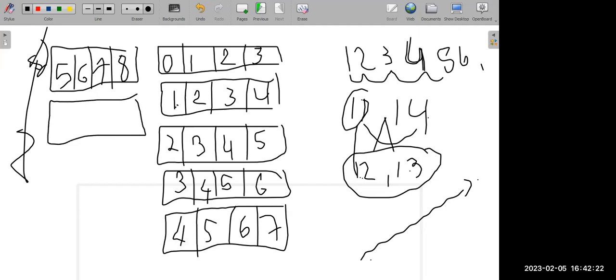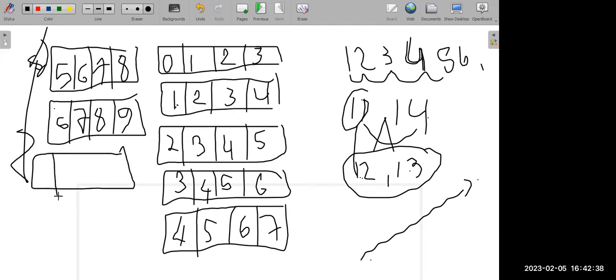The next one, 6, 7, 8, 9. Is there another number? Can we start at 7? No. All right, let's see. So 7, 8, 9. Then what?